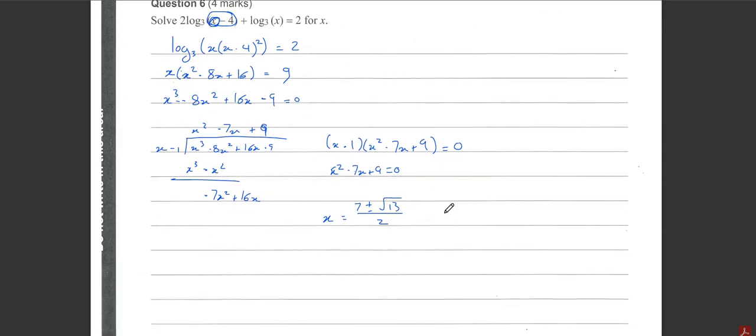Well, this is equal to 7 on 2 plus or minus root 13 on 2. And 7 on 2 is 3.5, so if you minus something from that, obviously it's going to be less than 4. So the negative version is less than 4, therefore only the positive version should be counted as a solution. Nice.